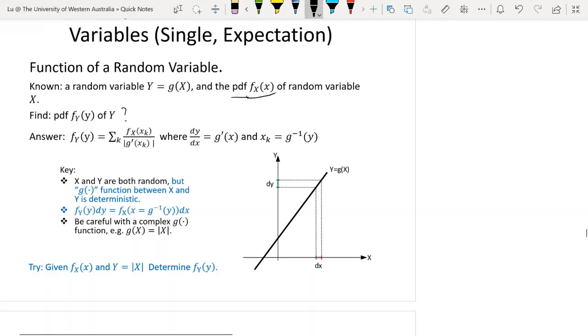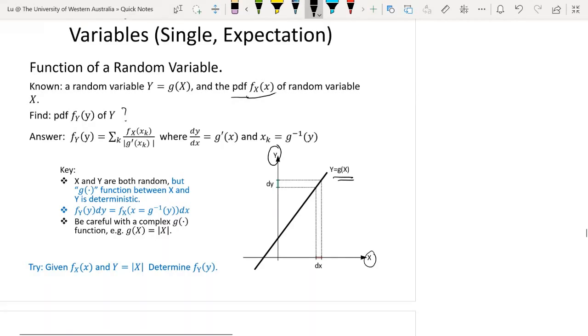So for this question here, I solve it by making the probabilities equal between these two random variables. Now you can see, same thing. The horizontal axis in the graph is the random variable X. The vertical axis is the random variable Y here. And the relationship between these two random variables is g(x).